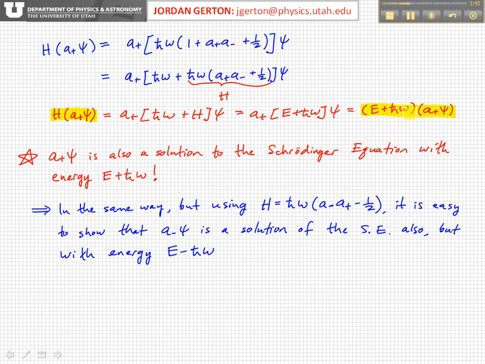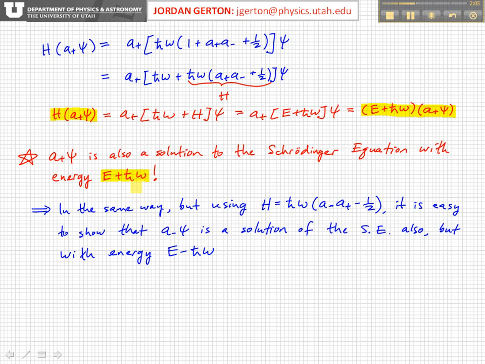Okay, and so what we find is that a plus psi is actually also a solution to the Schrodinger equation in addition to psi, but now the energy of that function a plus psi is equal to the original energy plus the quantity h bar omega.